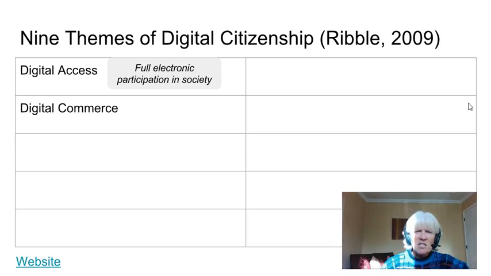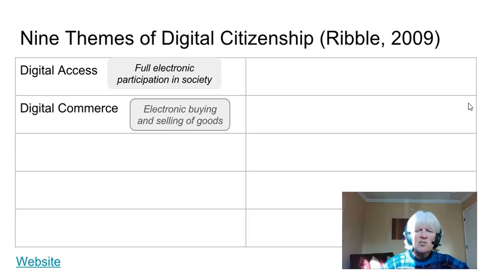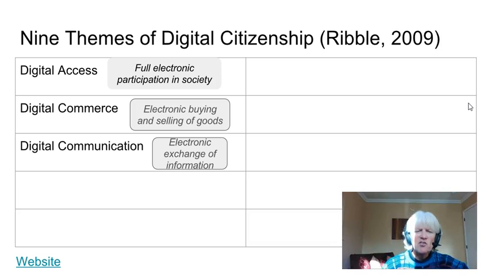He also talks about the idea of digital commerce, which is not one of the included areas in the Common Sense framework. Digital commerce in Ribble's definition is electronic buying and selling of goods. And then digital communication is another area, and by his definition, that's the electronic exchange of information, specifically the sharing of information. So we'll take a look at that.